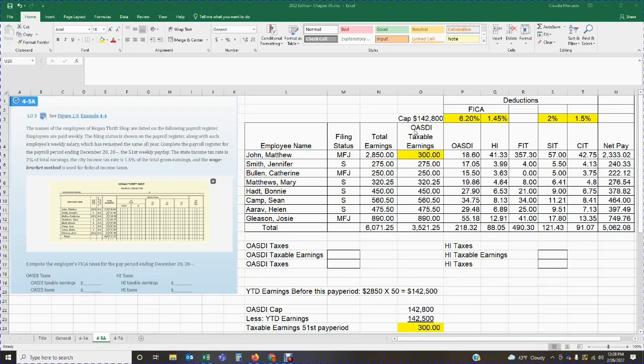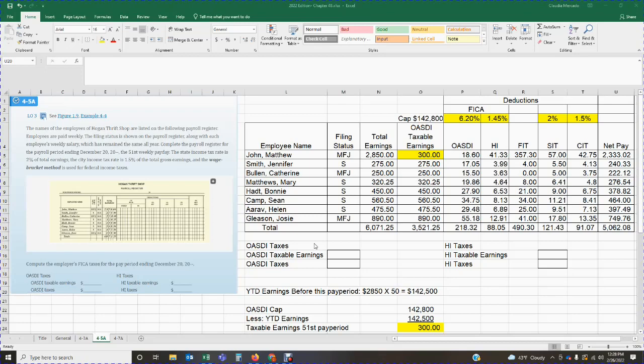Because I entered this column that was not included originally in my payroll register, I included it so I could illustrate why we got that $300 here. All of the rest of my employees did not go over the cap. The only one that did was Matthew. So we calculated that for this 51st paycheck, only $300 out of the $2,850 would be taxed for OASDI tax purposes. Now, we have to calculate the employer's taxes.